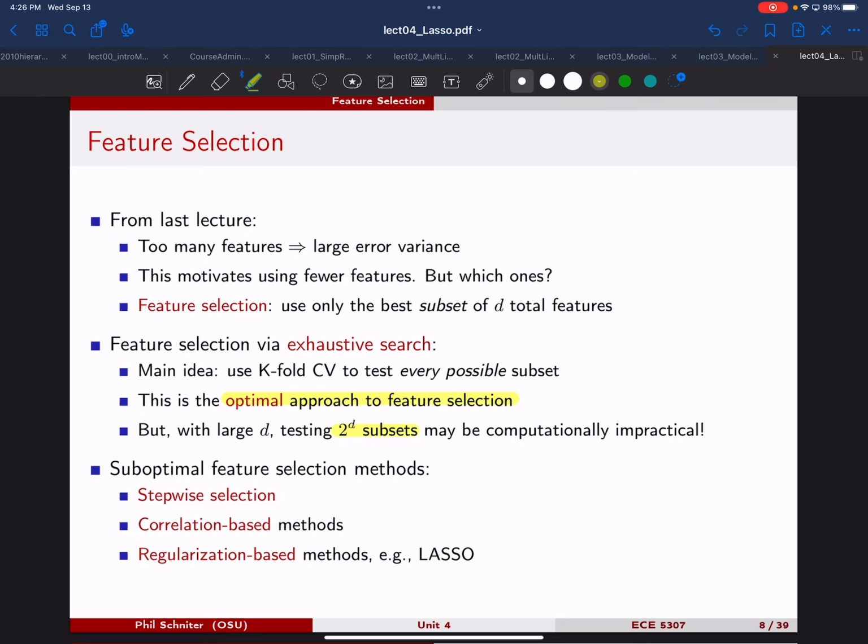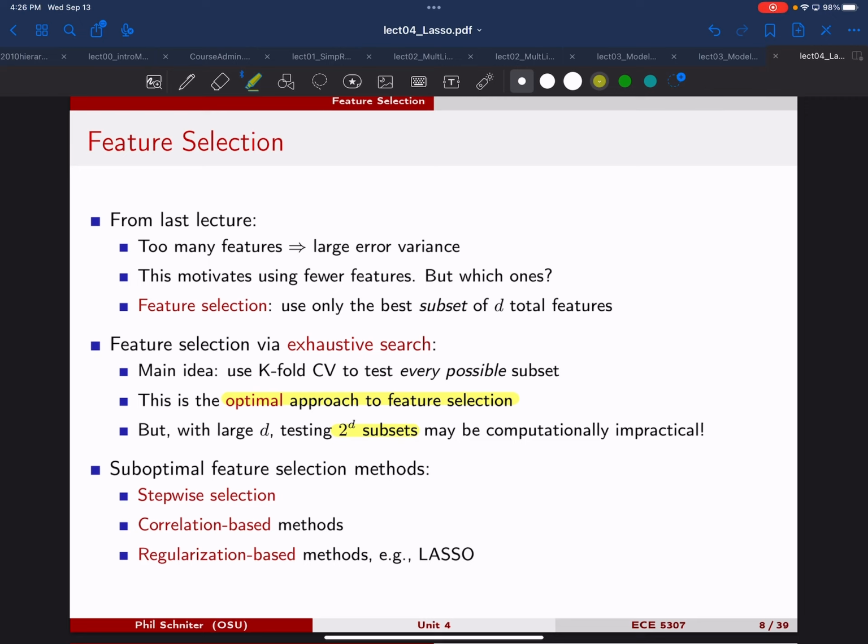For each one of those subsets of features, you fit the least squares regression. You fit the corresponding betas, and you use cross-validation to see how well that works on some test fold that was not used for training. We learned various approaches to cross-validation. There's the simple training-test split. There's the k-fold cross-validation. You can use whichever one you want.